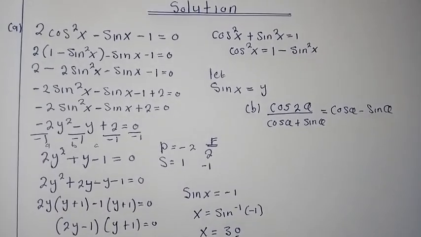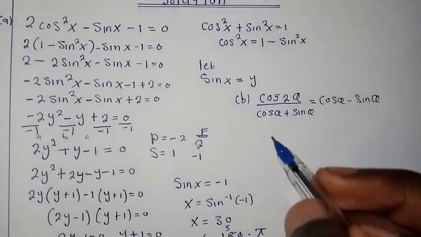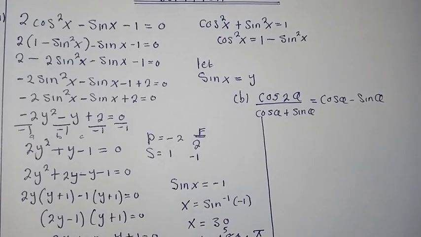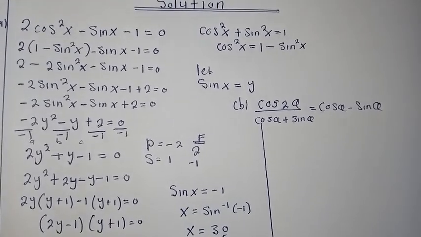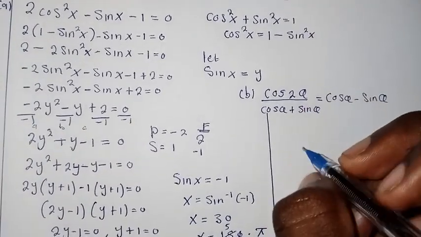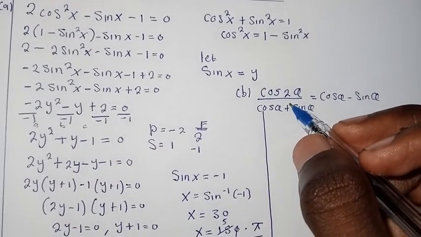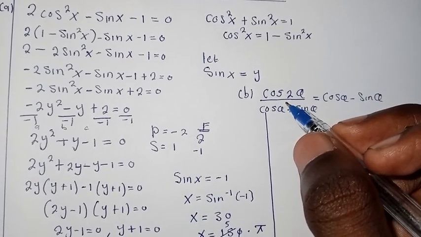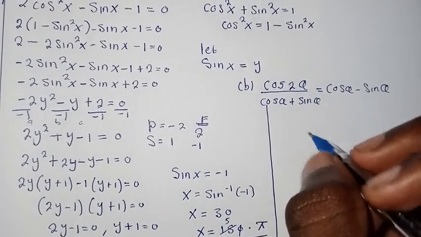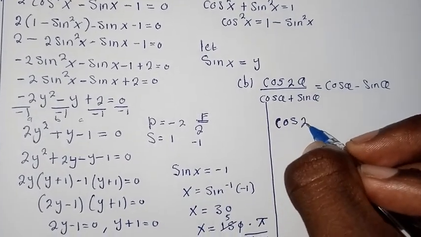There are trig identities that, of course, you must know, so I'm going to give them to you. Here they just want you to use a trig identity, that's all. If you know the trig identity, you will solve this question the simple way. So this cosine 2 theta has got a trig identity. Let me bring them down for you.